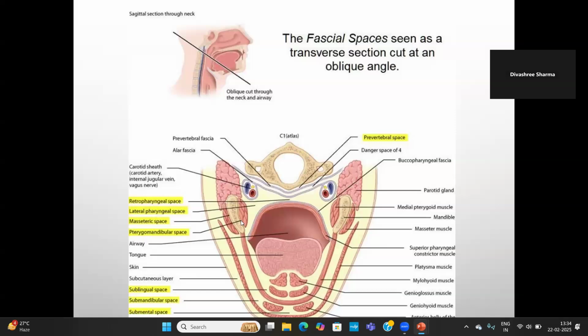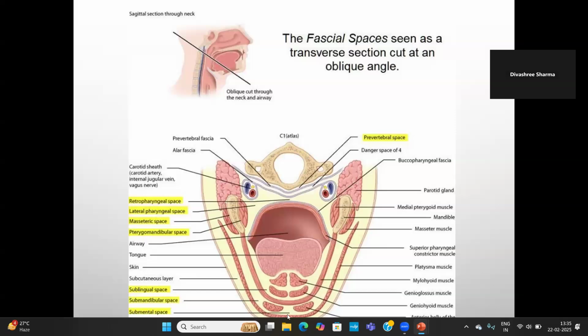So this is the pterygomandibular space. The masseteric space is the space between the masseter muscle and the lateral surface of the mandible. And this is the outermost layer, which is obviously the skin.